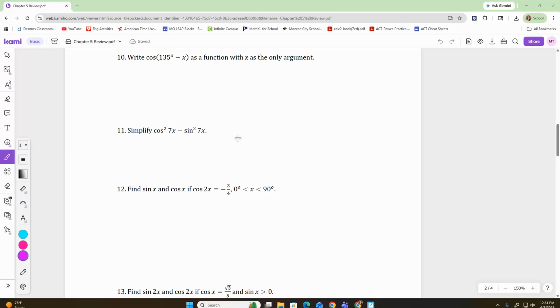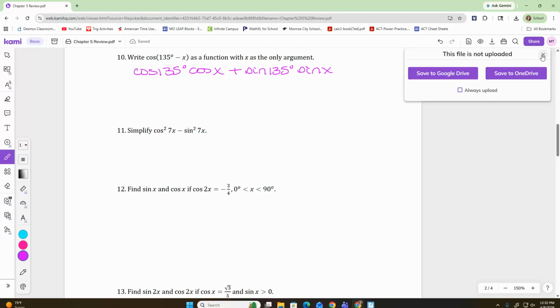No. So everybody grab your formula sheet. This is the cosine of a minus b. What is the cosine of a minus b formula? You don't have to know those, it's on your formula sheet.